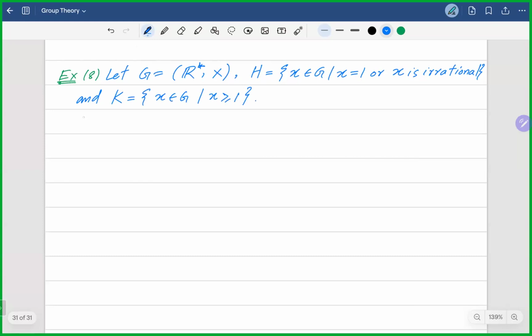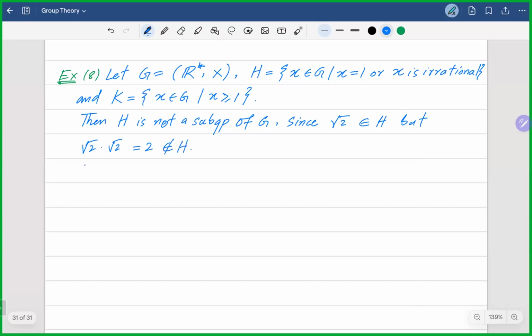Then H is not a subgroup of G, since root 2 belongs to H, but the product, which is 2, does not belong to H. Also, K is not a subgroup of G, since 2 belongs to K, but 2 inverse does not belong to K. And that's it.